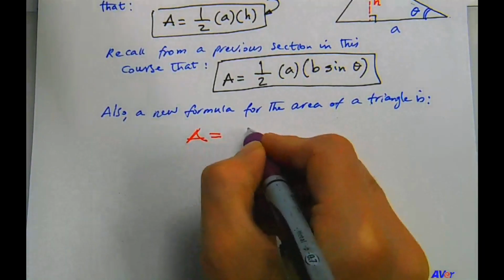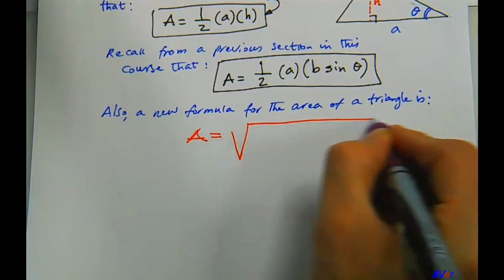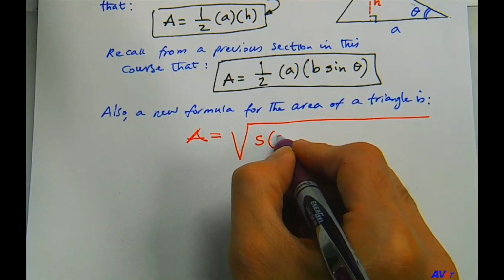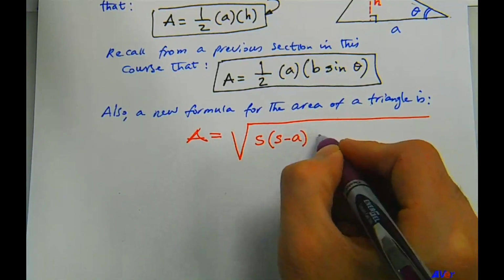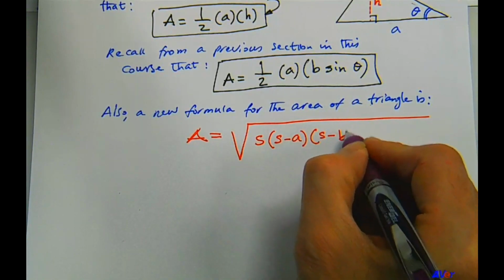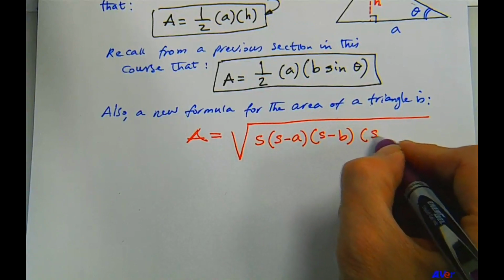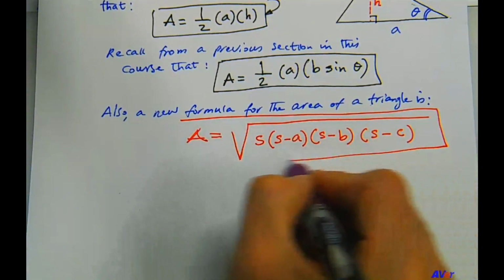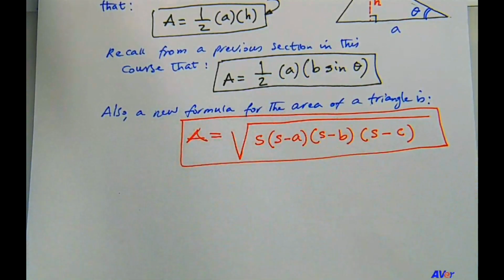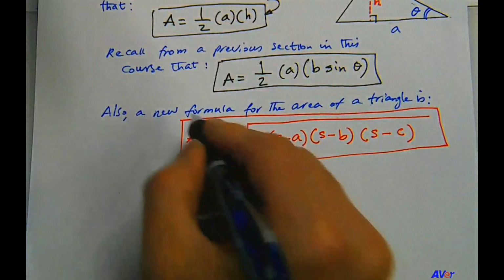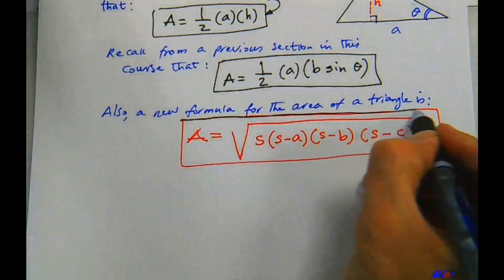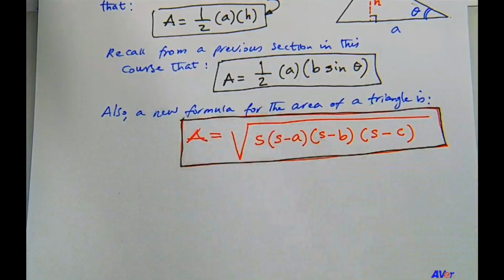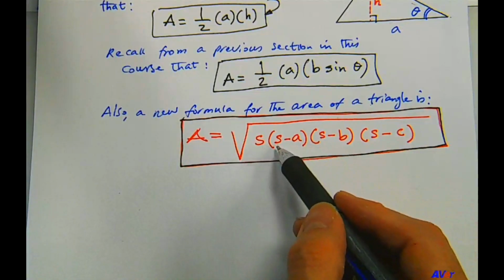So A is equal to square root of S times S minus A times S minus B times S minus C. Like that. Or maybe change the color so the square root stands out. Like that. Okay, so the question is, what is S?